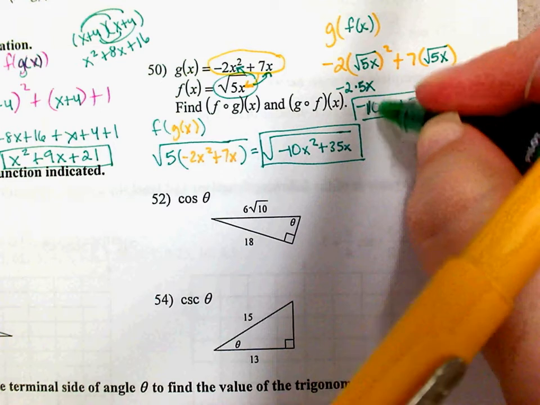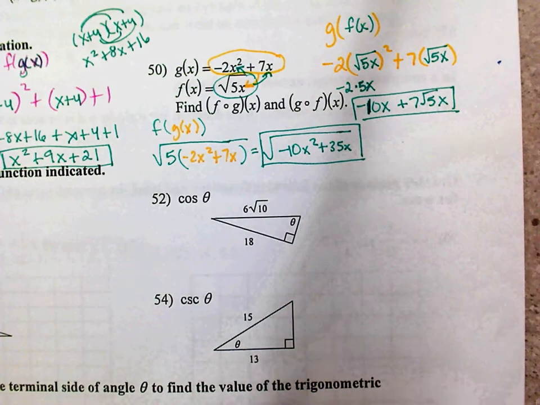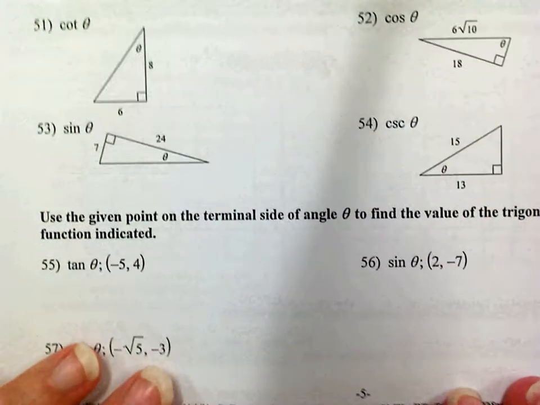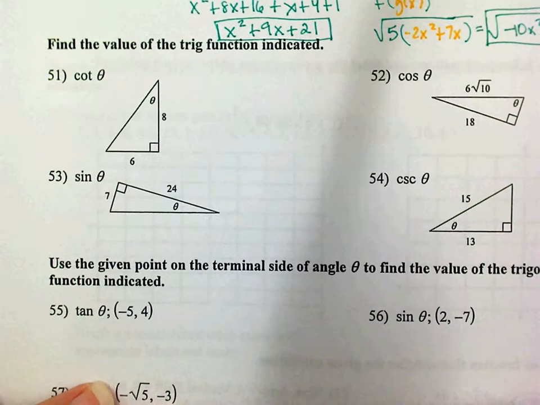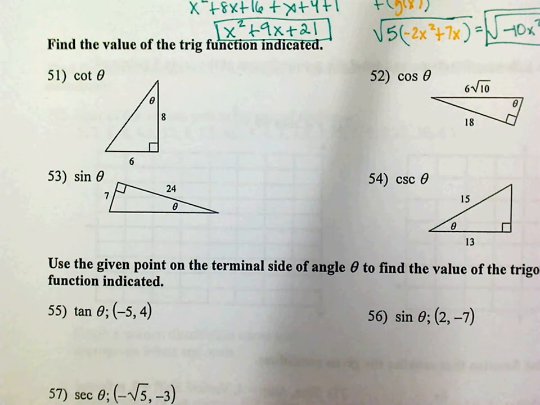Okay. And then we move into trig. So it says find the value of the trig function indicated. It says find cotangent. First off, do you remember what sine, cosine, tangent, and cosecant, secant, and cotangent are? Okay. So cotangent, what is it? Right. If tangent's opposite over adjacent, then cotangent is adjacent over opposite, right?